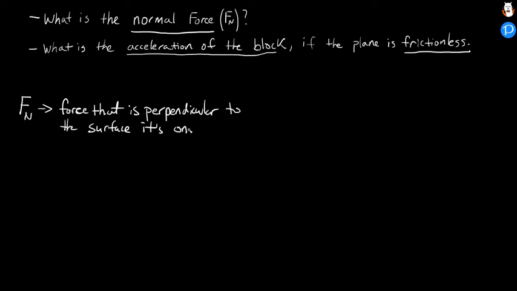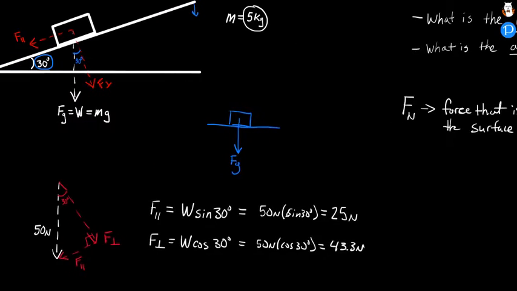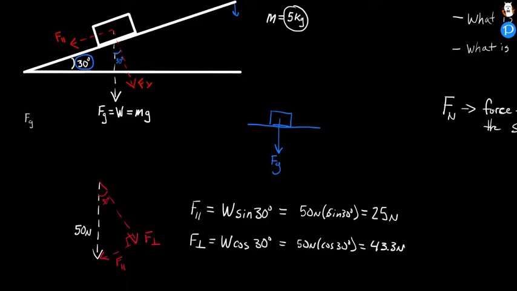And in order to figure out the normal force, it's actually pretty simple, because in the previous video, we figured out the perpendicular force going this way, right? The normal force would be perpendicular to this surface going the opposite way. So normal force would essentially be this force right here.